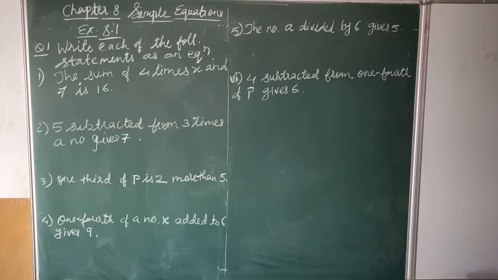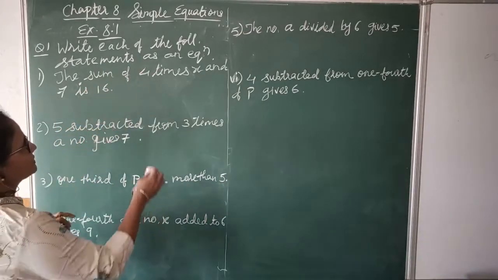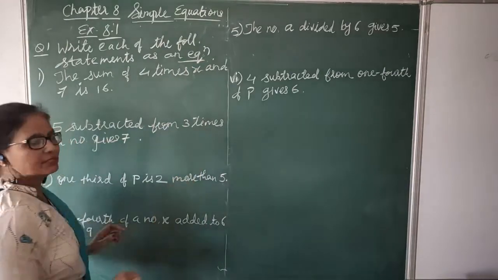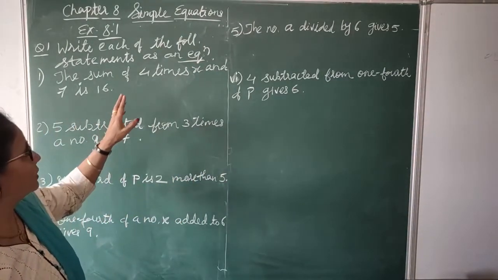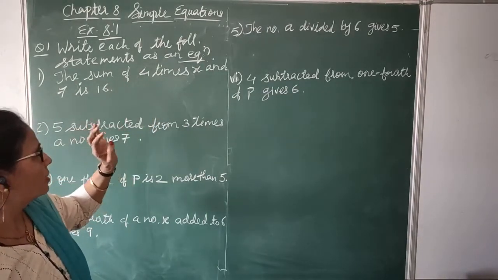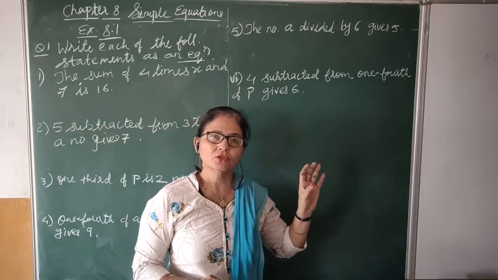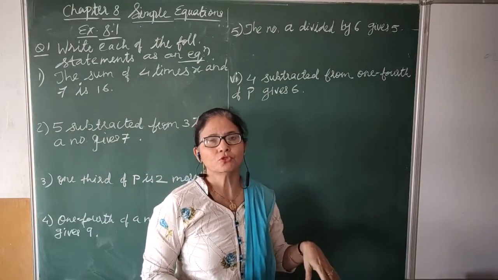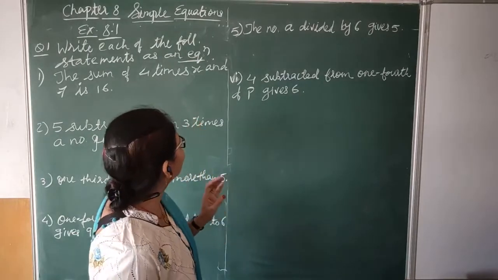Let's see your question number 1. Write the statements as an equation. Some statements are given to you. You have to write these statements in the form of an equation. So very easy. This topic we have already studied in the previous classes also. In the previous chapter, in algebraic expressions, statements were written and you wrote the mathematical form.